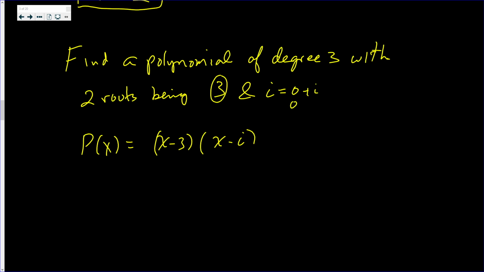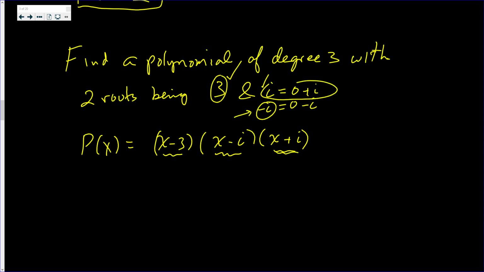And another factor must be 0 minus i, which is negative i. So x minus negative i, which is x plus i, must be a factor. What makes this 0? 3. What makes this 0? i, which they gave us. What makes that 0? Negative i. Oh, i is a complex number, so we also have to have the conjugate as a 0.